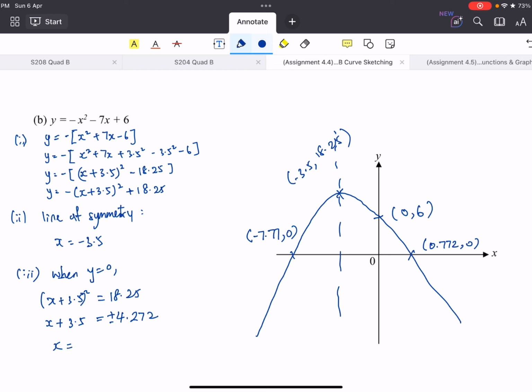So x equals 0.772 or negative 7.77. Right?